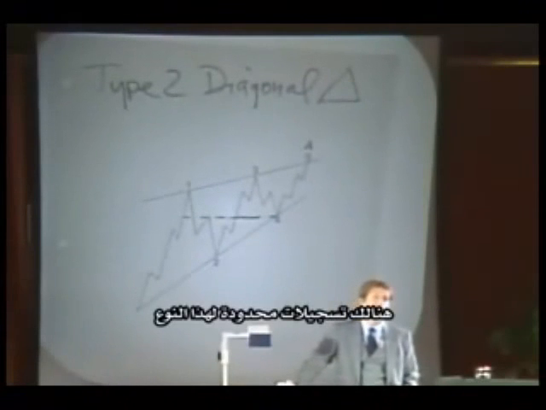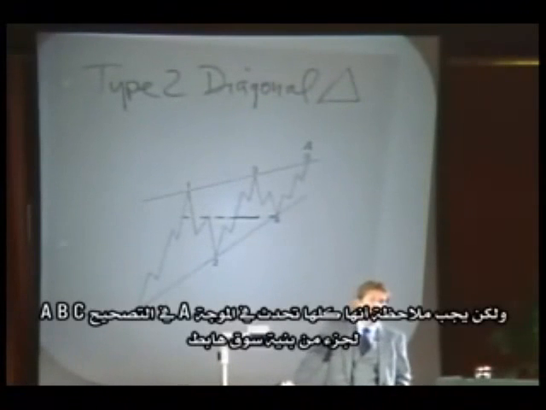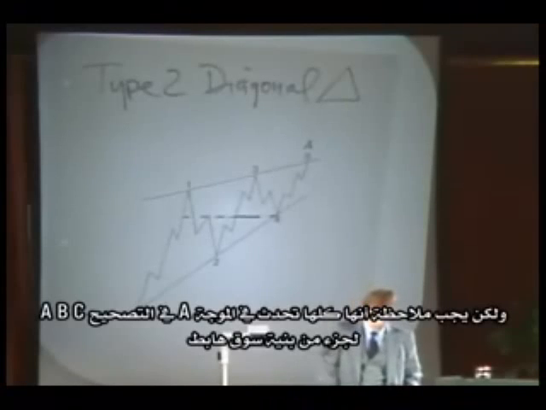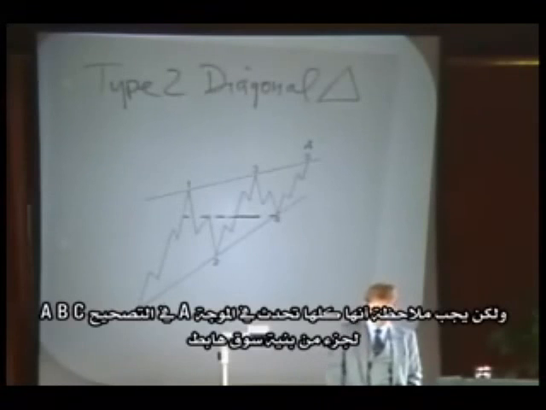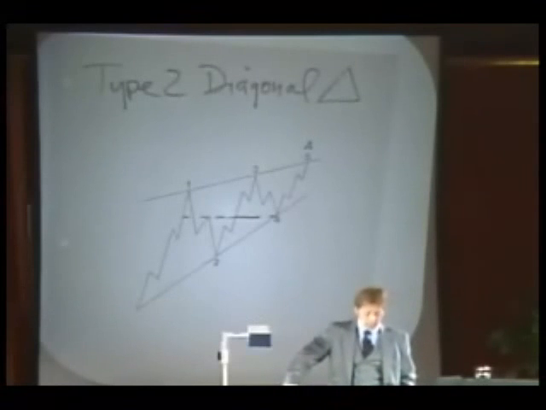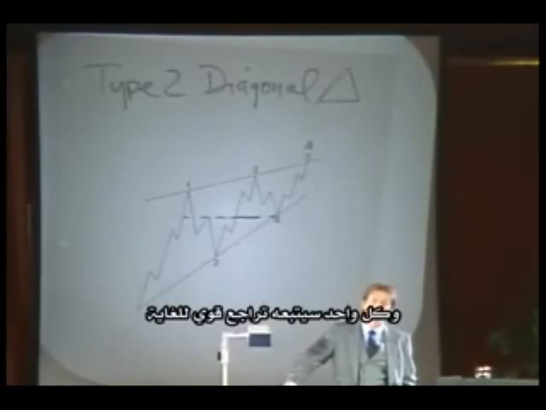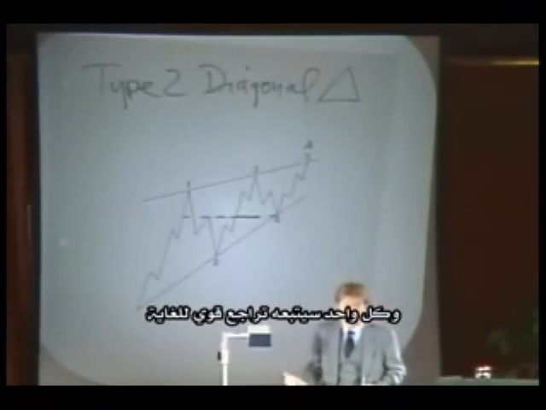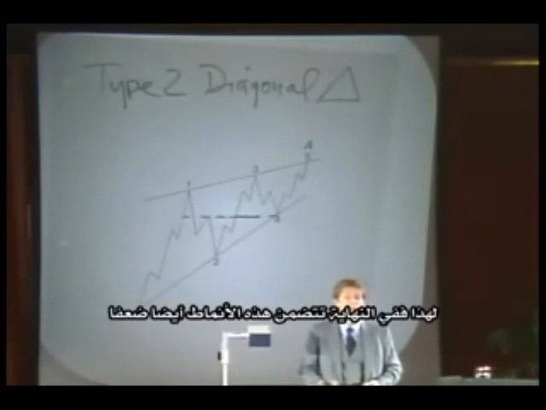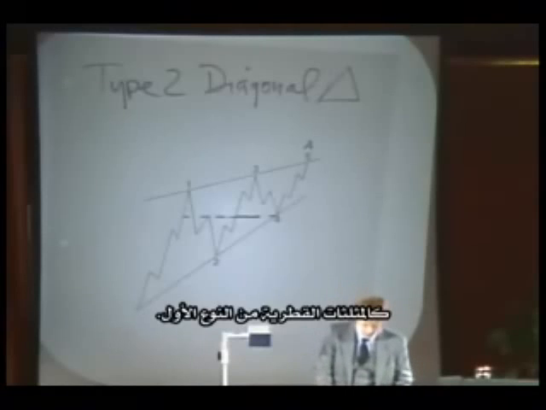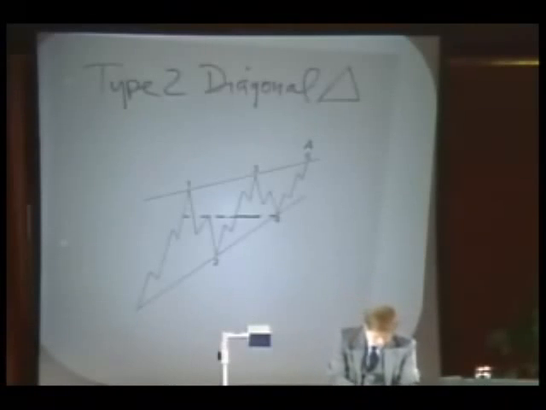Now, there are only several known occurrences of these, but interestingly enough, they have all occurred in wave A of an ABC rally, which was part of a bear market structure. And what that means is that each one was preceded by a very strong decline, and each one was eventually followed by another strong decline. So ultimately, these patterns imply weakness too, just like diagonal triangle type 1s.